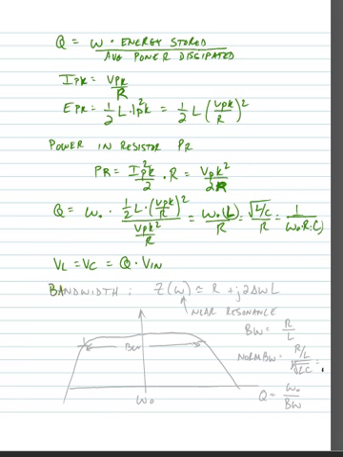If we look at the bandwidth of this circuit, it's very similar to the bandwidth for a parallel RLC circuit. We can show that Z of omega near resonance is approximately equal to R plus j times 2 times delta omega times L. So this is near resonance.